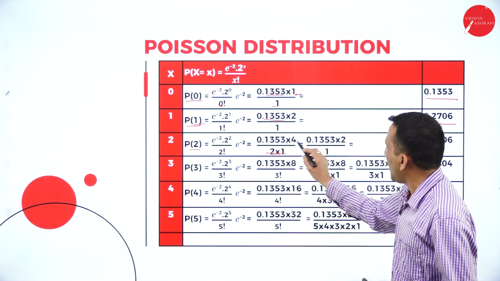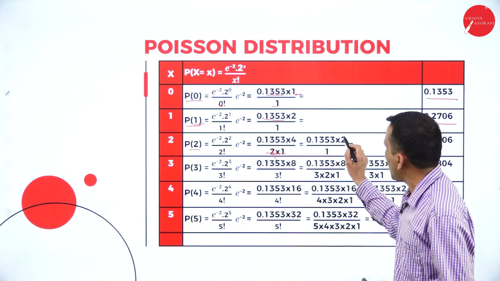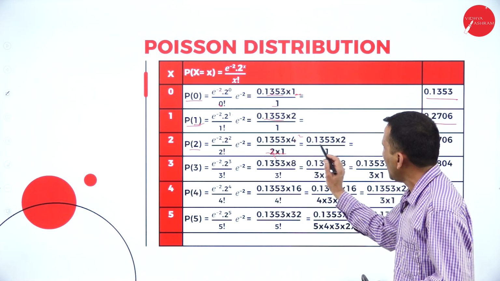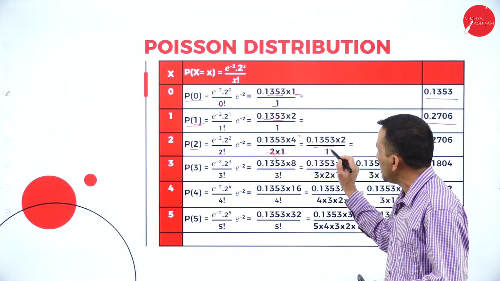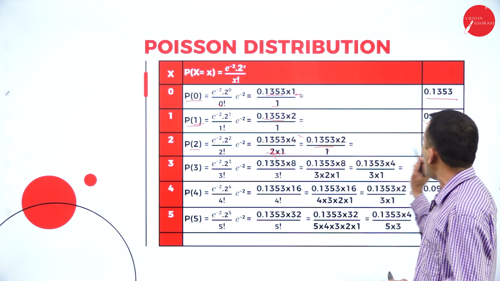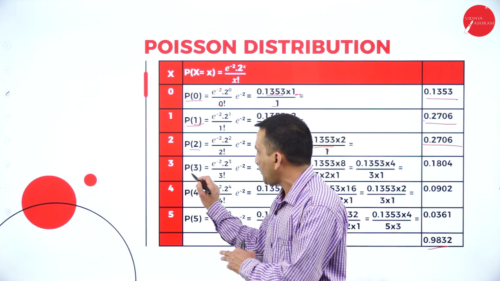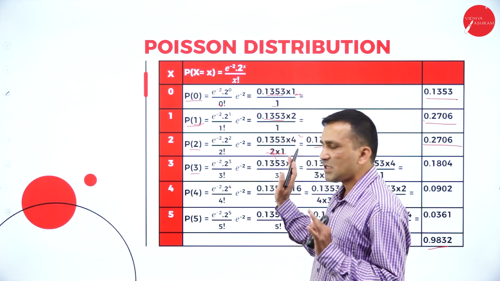So if you multiply, we get like this. 2 ones are 2, 2 twos are 4, so one more step is carried here, and divided by what is left, the 2 cancels, so we directly write 1. If you multiply, we get 0.2706.